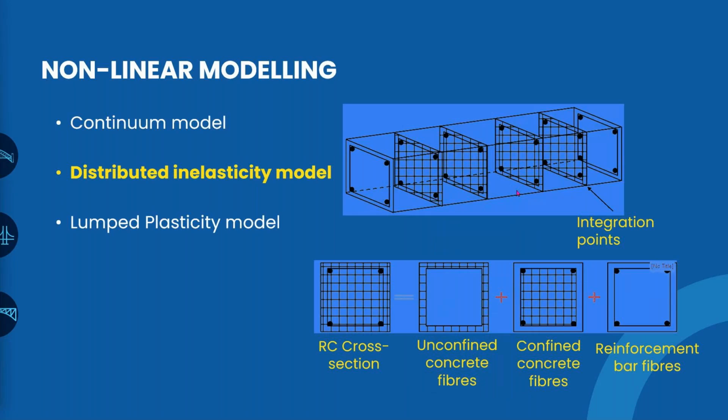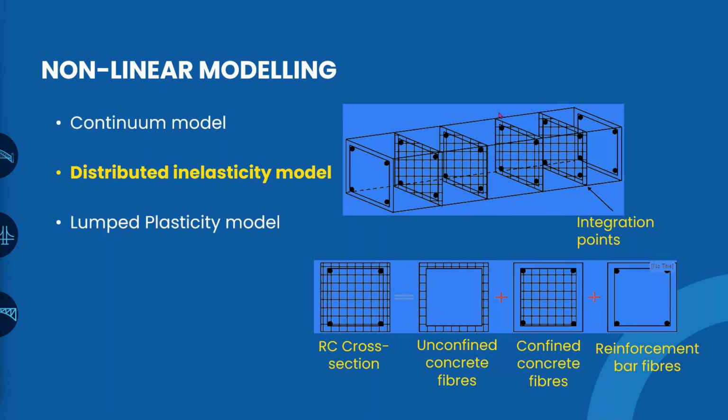So in case of a distributed inelasticity model, we could see that the entire continuum model is now replaced by modeling the nonlinearity at different types of sections. So in this entire structure, the entire beam or column is divided into certain sections, and these sections are basically called the integration points, and the nonlinearity in this case is computed at these integration points itself.